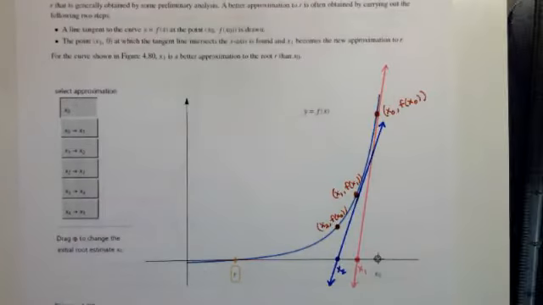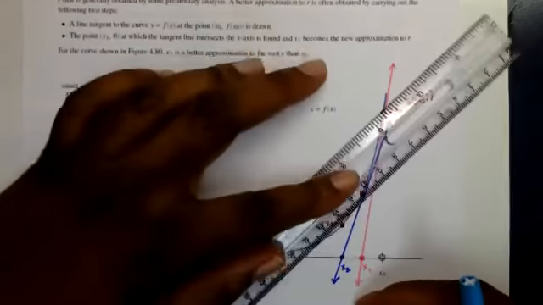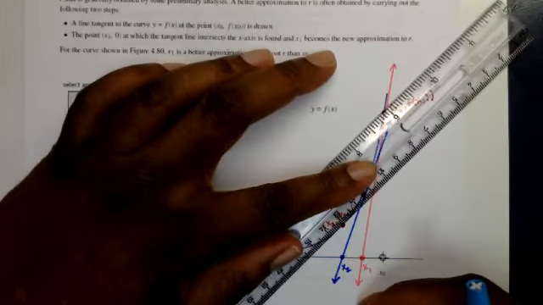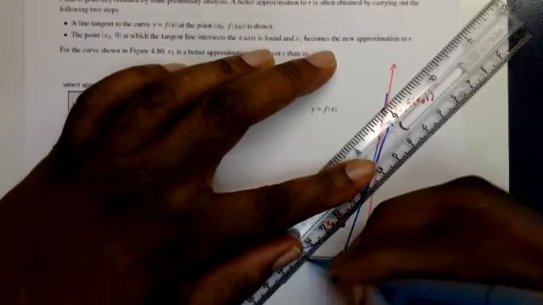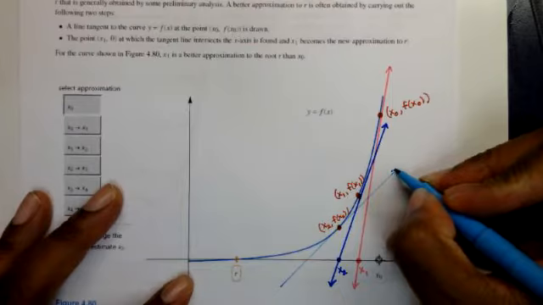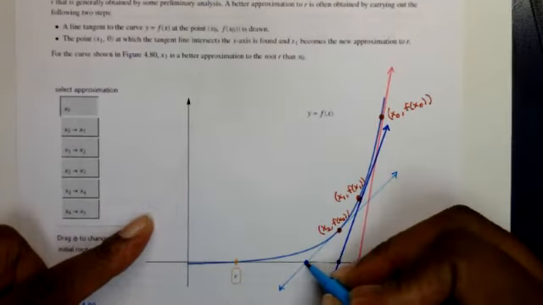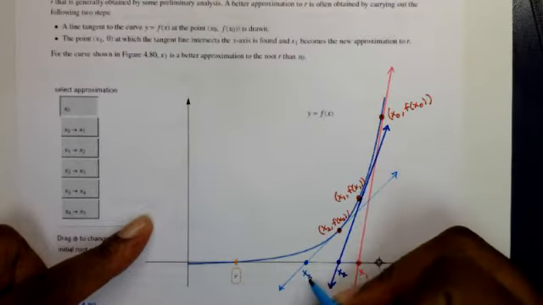Then I draw a tangent line for that, using another different color. As you can see, that tangent line crosses the x-axis at this point, which I'm going to call x3.